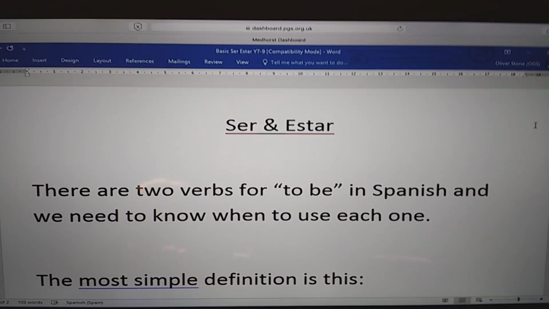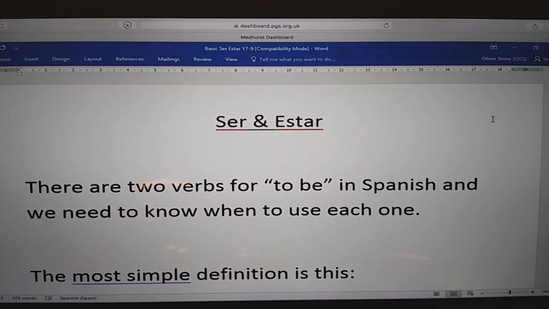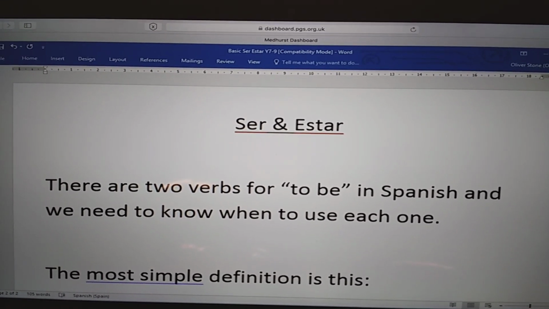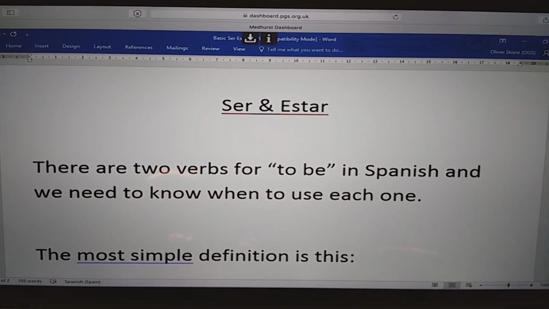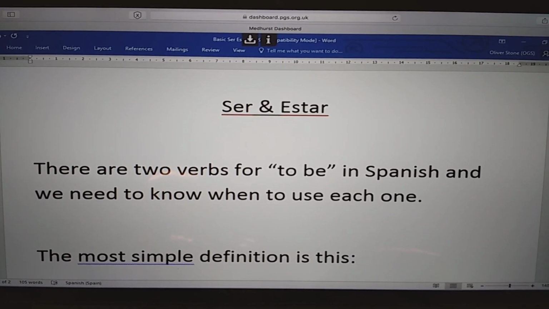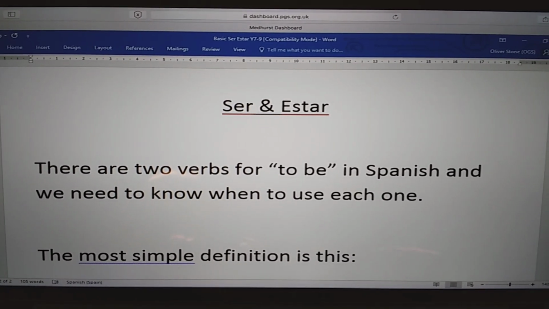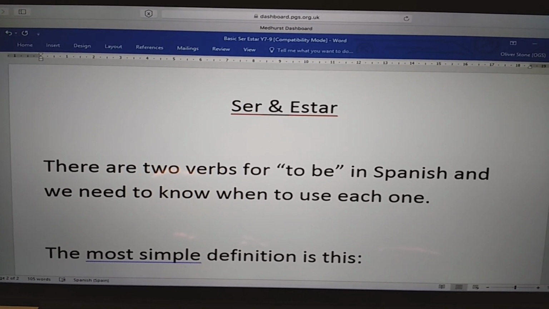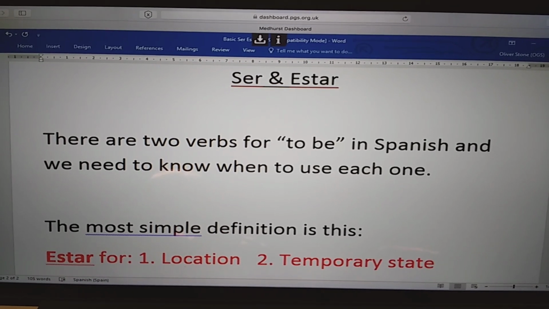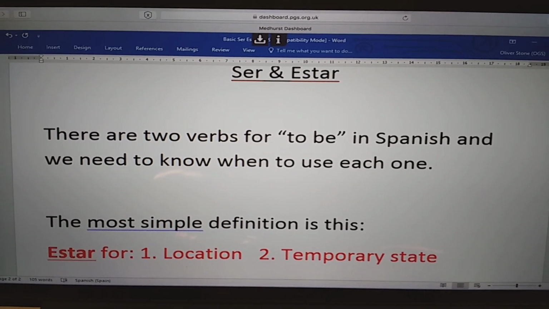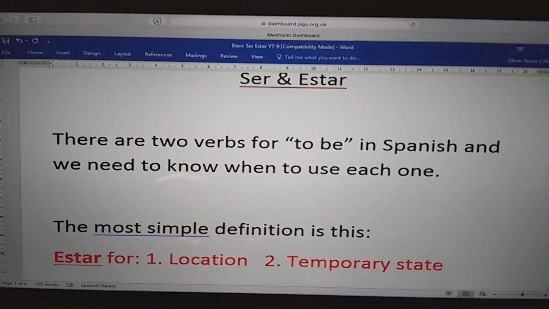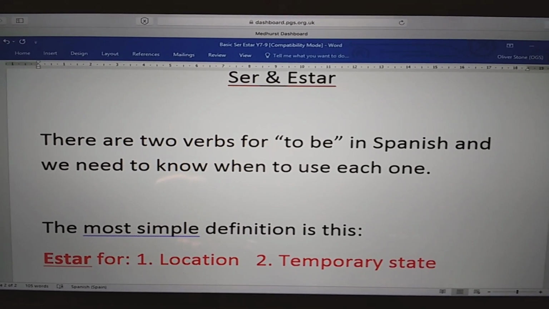Now, I'm going to teach you in the most simplistic way possible for your age and stage the difference between these 2 verbs. Okay? Obviously, as you get older, we'll give you more complexity. Okay? So here we go. Actually, the easiest way to learn this is to actually learn what estar is for.